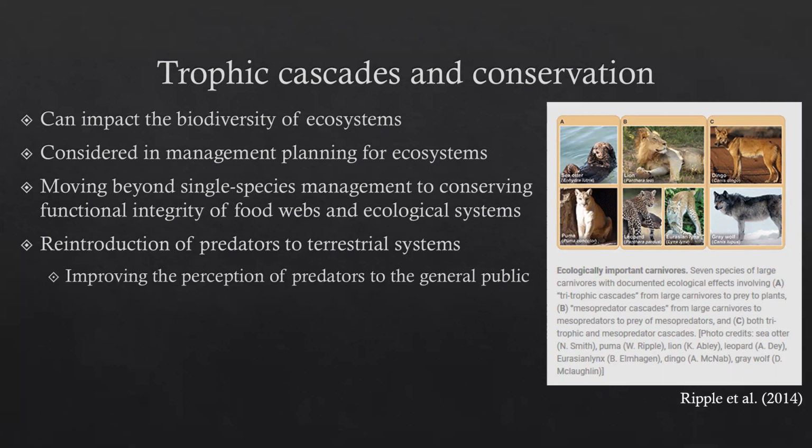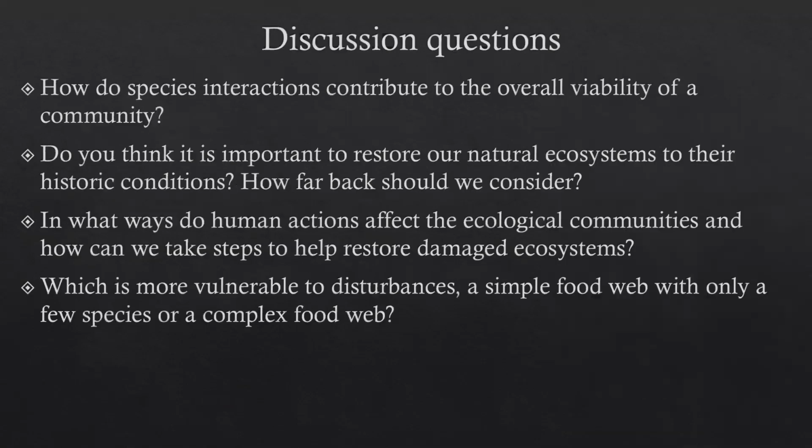And so thinking about these interconnected food webs, we want really complex food webs. They're more stable as opposed to really simple food webs. And so maybe that involves reintroducing predators to terrestrial systems. And part of that isn't just releasing predators on the landscape. It takes a lot of human interaction as well to be successful.